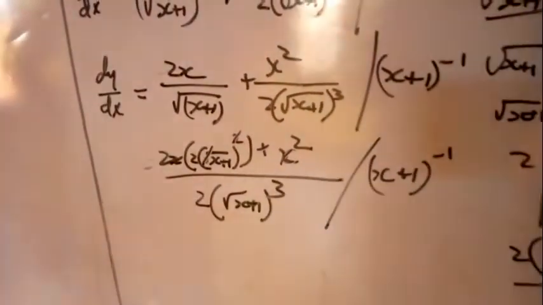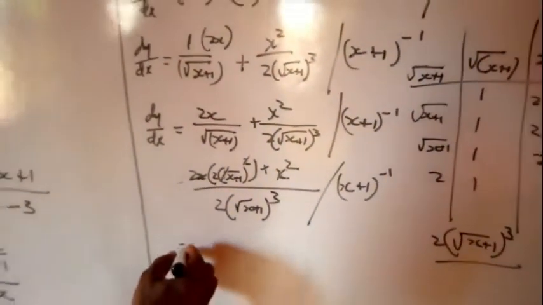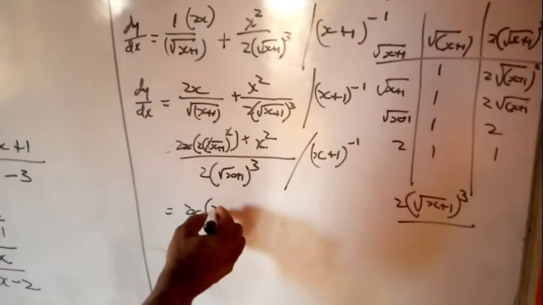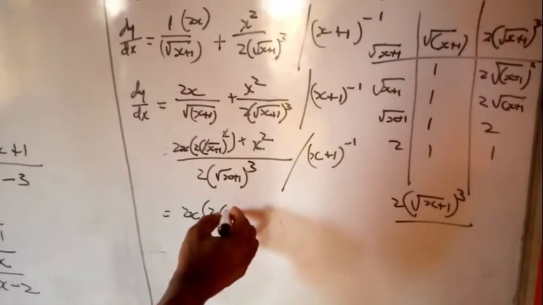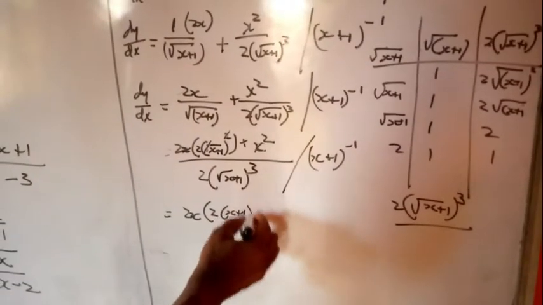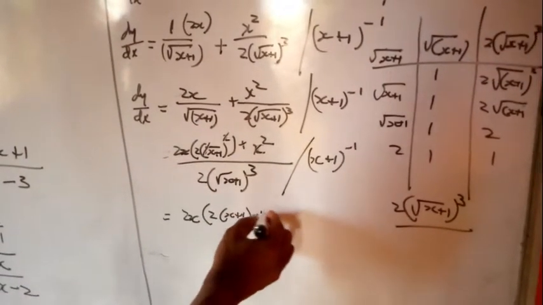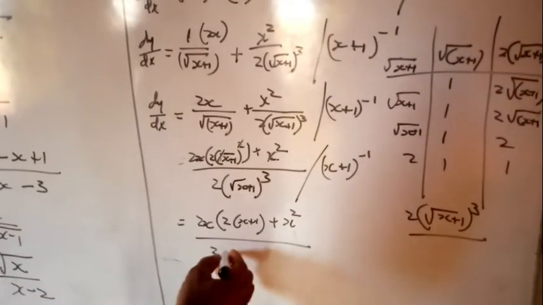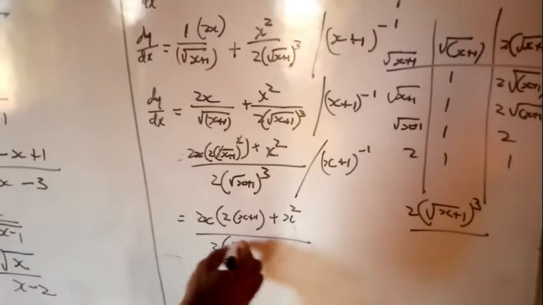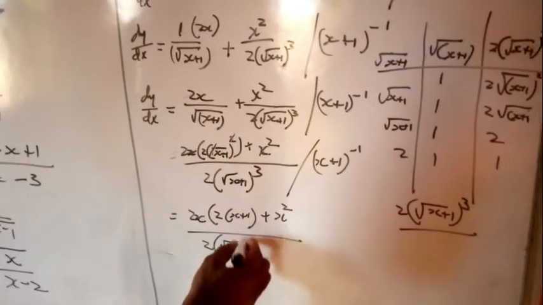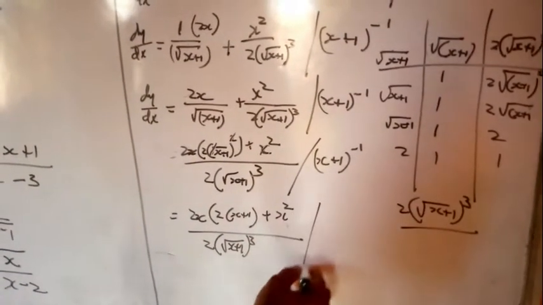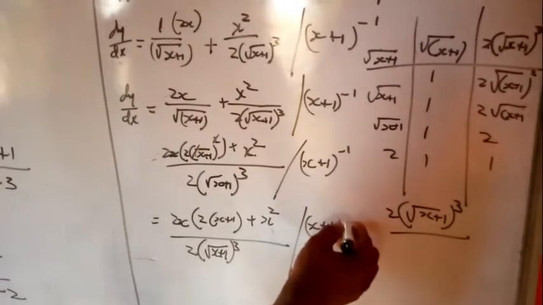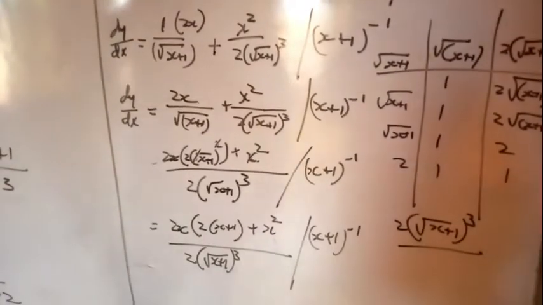So if that is done properly, you are going to have 2x into 2 into x plus 1 plus x squared all over 2 into root x plus 1 raised to power 3 all over x plus 1 raised to power minus 1.